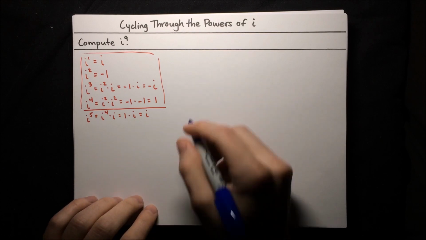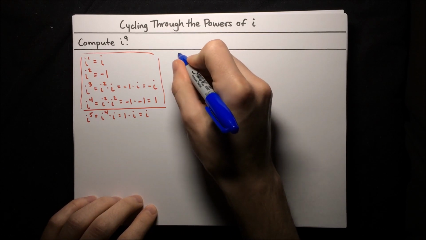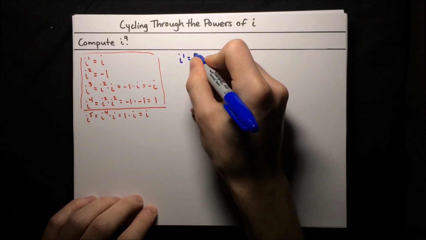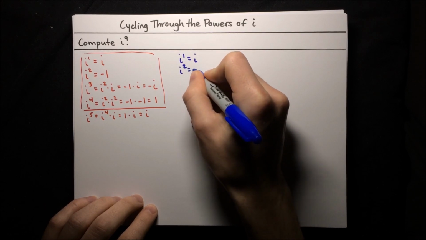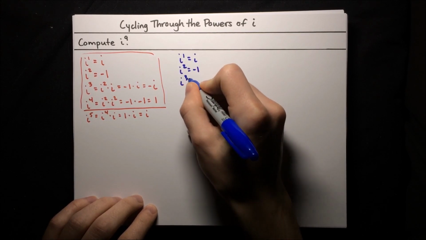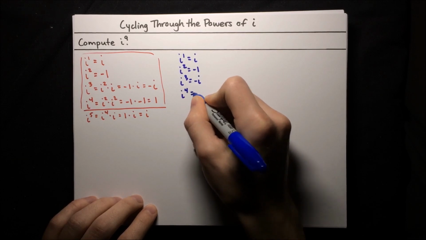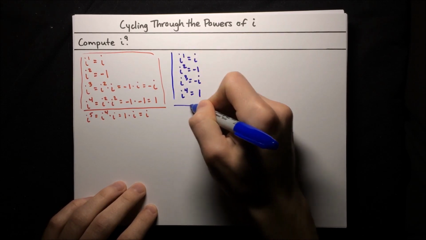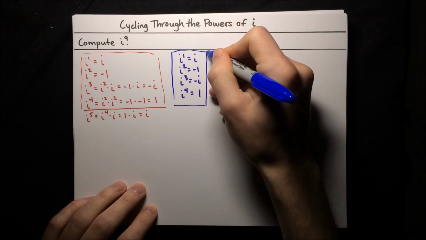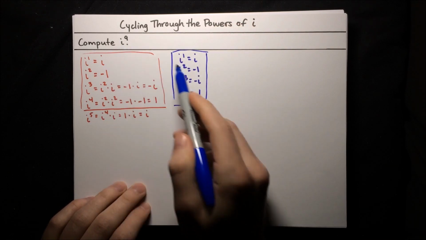So let's write that down really neatly over here. i to the first equals i, i squared equals -1, i to the third equals -i, and i to the fourth equals 1. And this is what we're going to use to find the power i to the ninth.